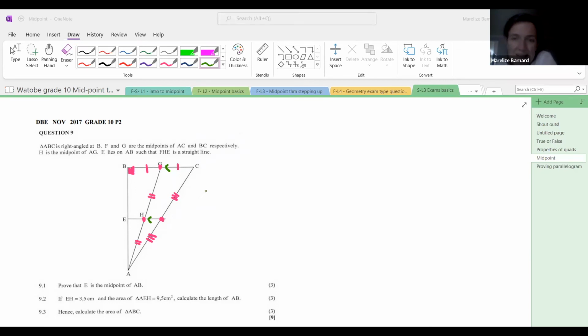Type it in the chat. Okay, Vuchilo says converse midpoint theorem. Vuchilo, did you learn that theorem, that reason in school?